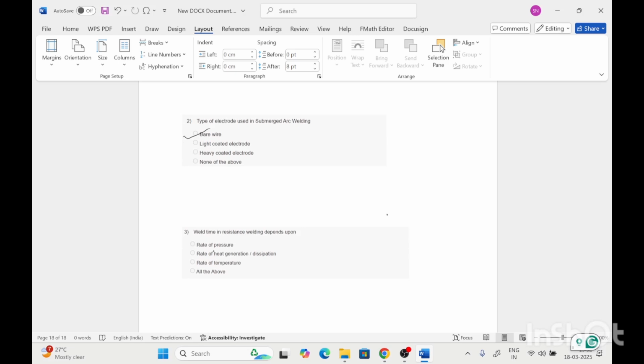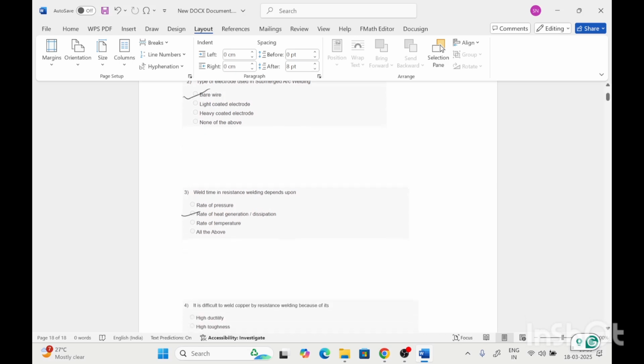The third question is the weld time in resistance welding depends on. The second option is correct. Means the heat generation time and the dissipation time determine the welding time of resistance welding.